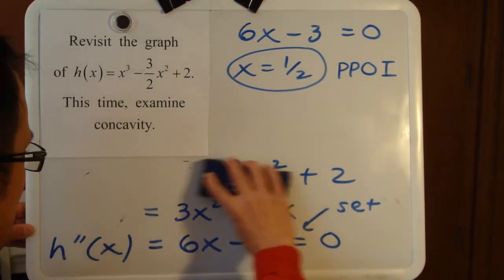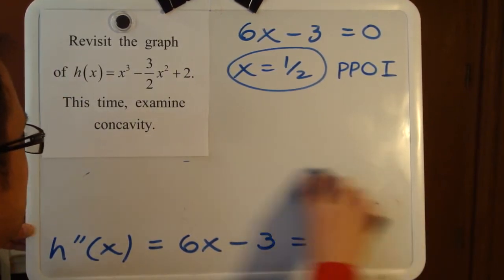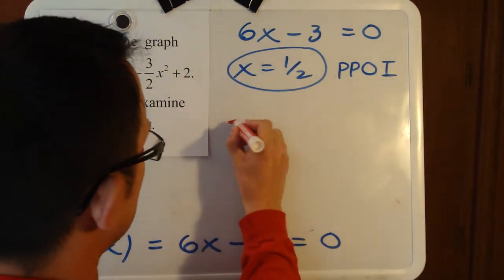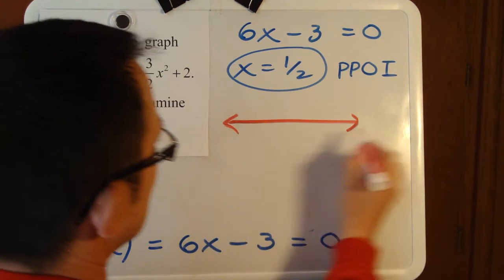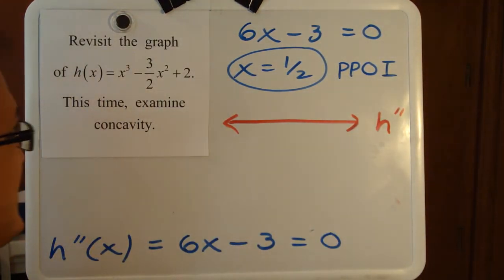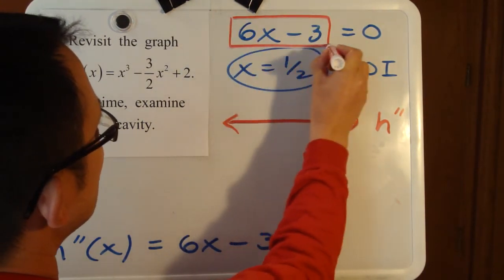I think I can get rid of some of this here. And so here's our number line, and this is why I label it, because it's good to know what you're looking at. This is h double prime. Right here, 6x minus 3 is our second derivative.